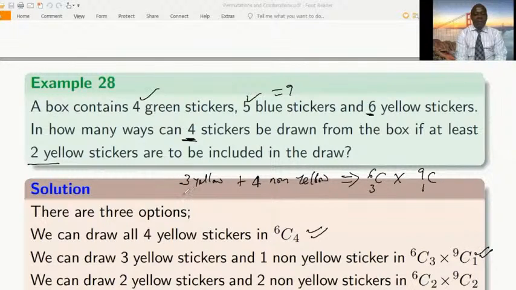Now, the other final option is where I have 2 yellow plus 2 non-yellow, so that I have 4 stickers. These 2 yellow ones, I'm selecting them from 6, and these 2 non-yellow ones, I'm selecting them from 9. And that's what I have.